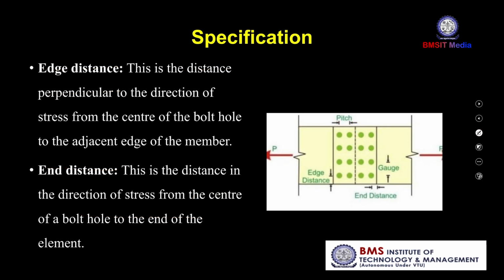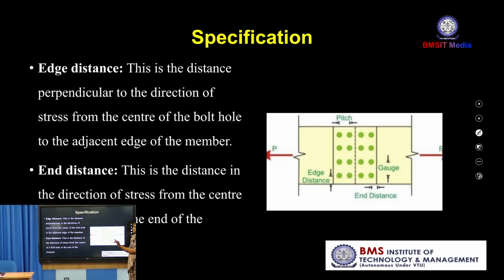Next, coming to edge distance and end distance. Two distances are there, one is edge distance, another one is end distance. Edge distance means the distance from the center of the last bolt to the edge of the member. This direction is perpendicular to the applied force. This is called edge distance.